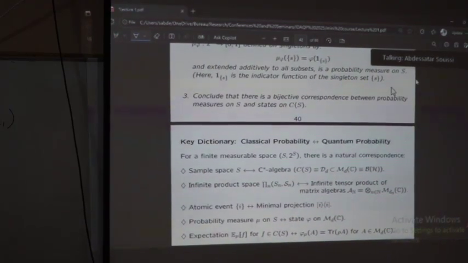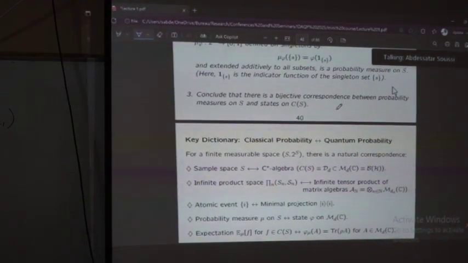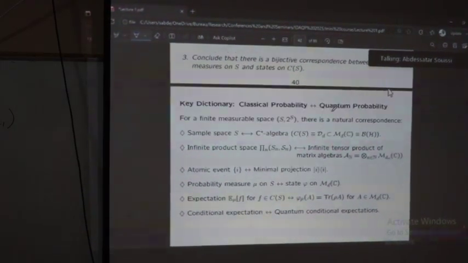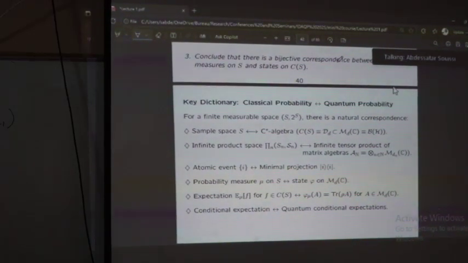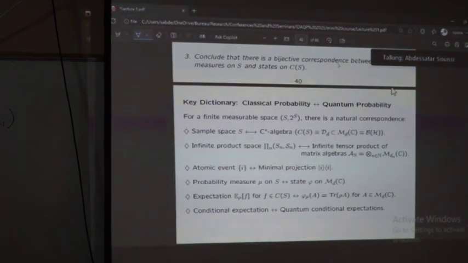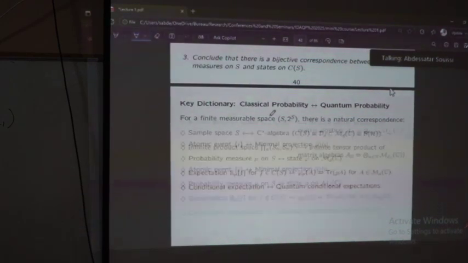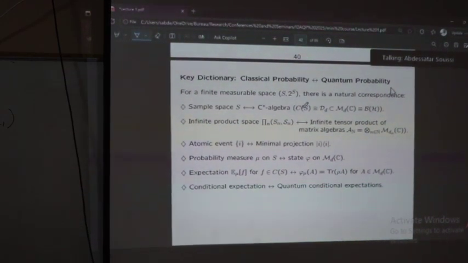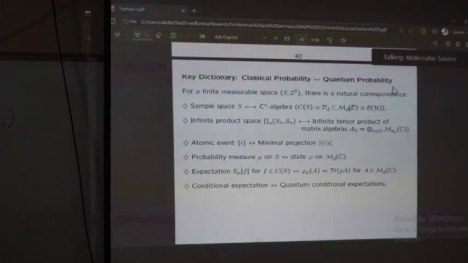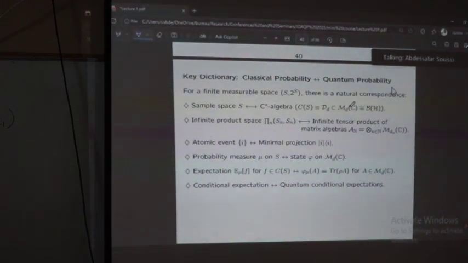a dictionary of the analog between the classical and quantum frameworks, I mean, for general probability. For a finite space, the sample space S is replaced by the system algebra, which in this case is C of S, and it can also be generalized.